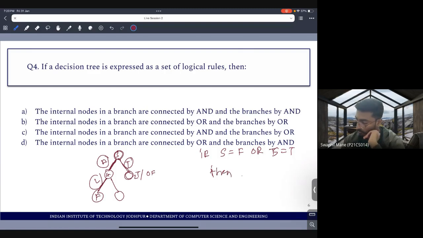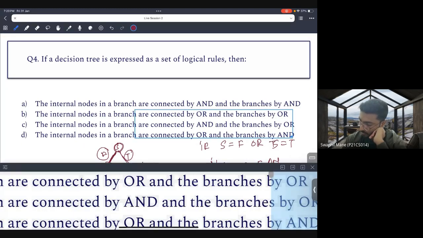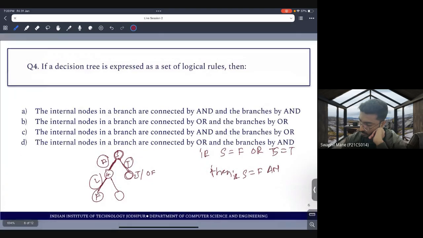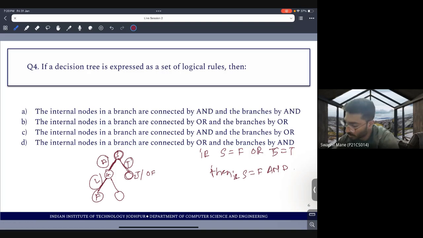Then what we have to do, we have to check S is equal to false AND G is equal to low, then it is fail, right?